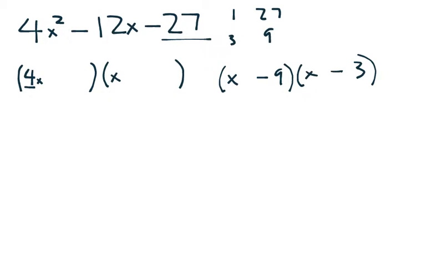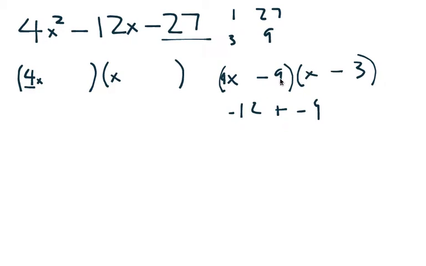But what this 4 does is, when you put this 4 in here, you have to multiply these terms. 4 times -3 would get you -12, and then you have to add -9. So you have to think about it like this.